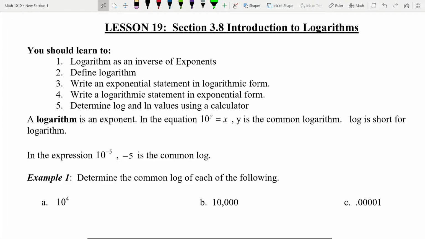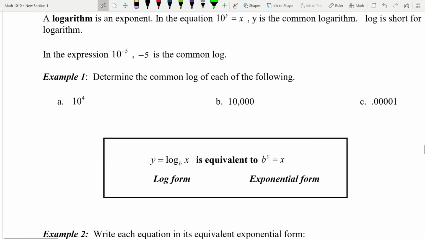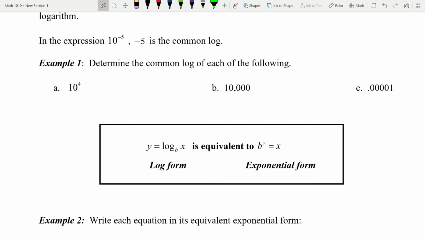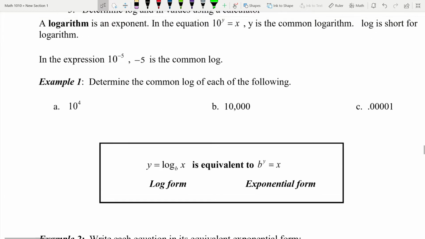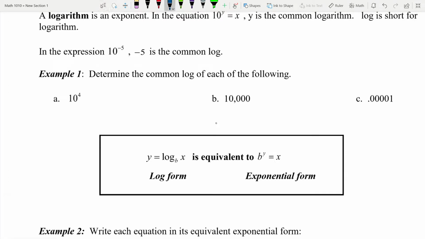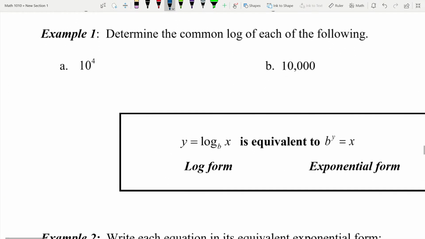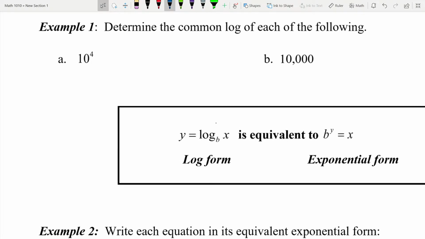Okay, here we go. Determine the common log of each of the following. So the common log, this is pretty uncommon. If you have 10 to the -5th, the -5 is the common log. It's whatever the exponent is. So on this one right here, the common log is 4. Okay.